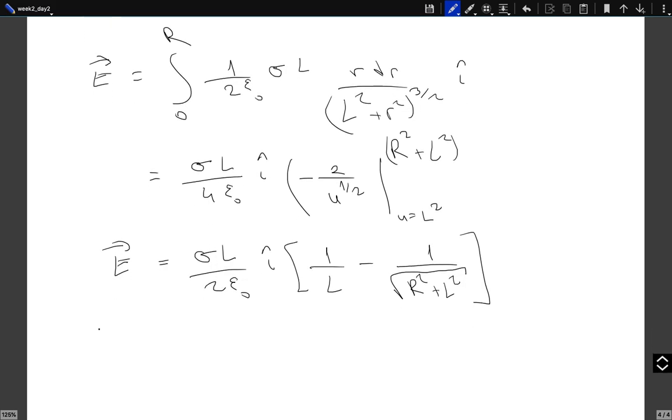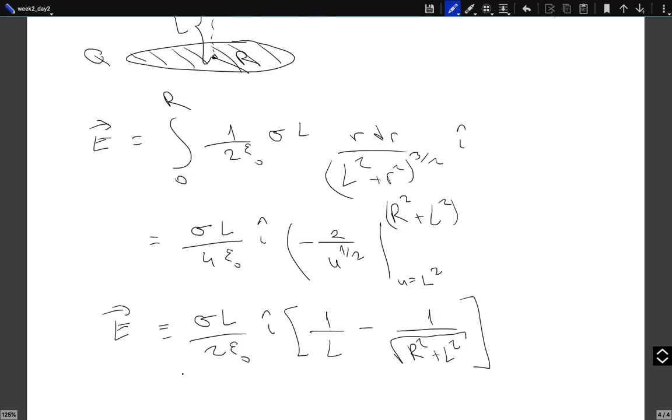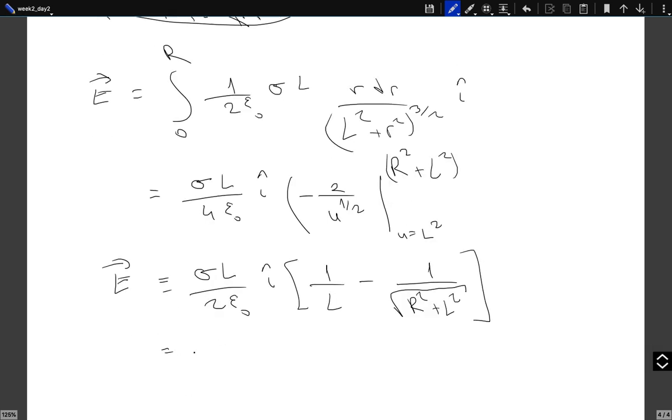Well, let me simplify it slightly. This is equal to sigma over 2 epsilon 0, in the I direction, 1 minus 1 over the square root of (R over L) squared plus 1.